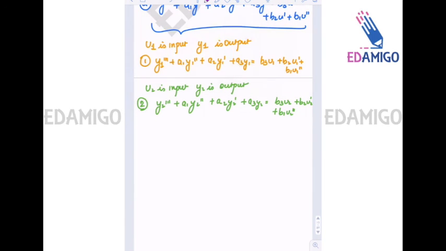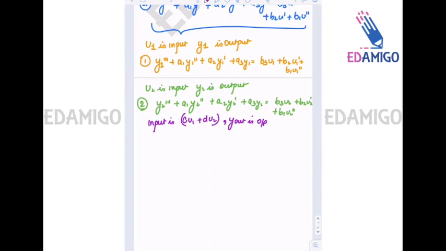Now let us say that the input is, not A, let's use another variable. So let the input be C times U1 plus D times U2 and the output be Y out.